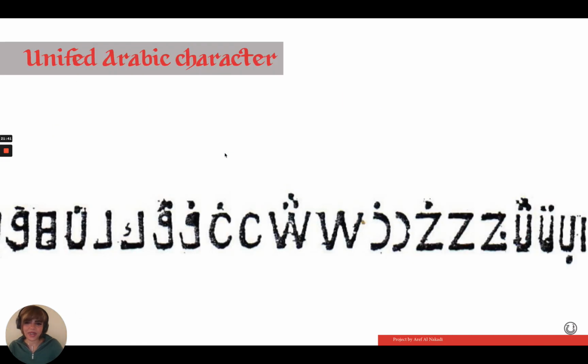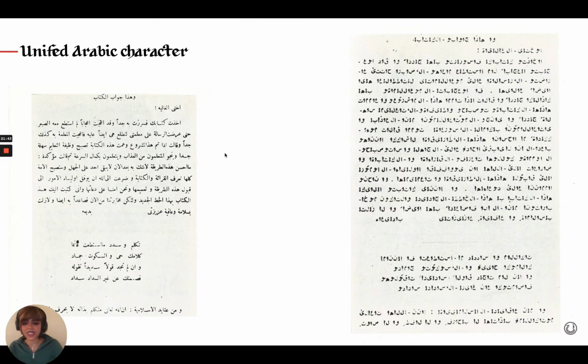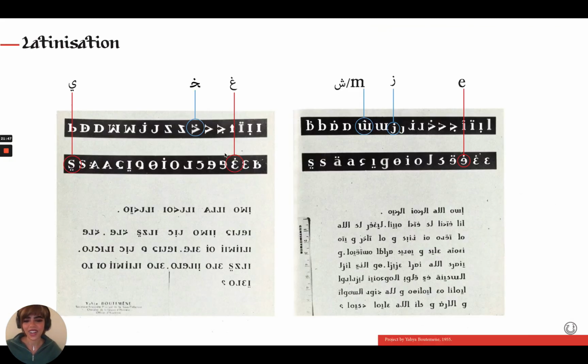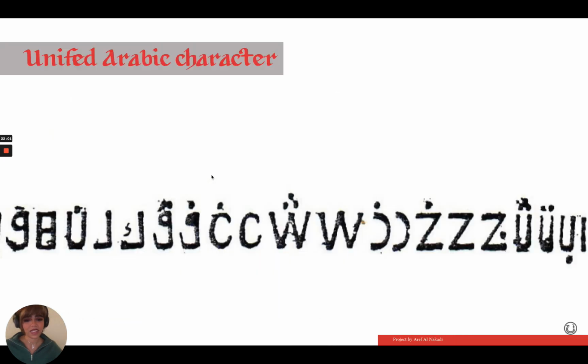And unified Arabic characters. Oh yeah, one second, I almost forgot. This one has heavily influenced Arabic practice right now. Designers use this sort of thing when they want to Latinize an Arabic logo or display fonts or typefaces.